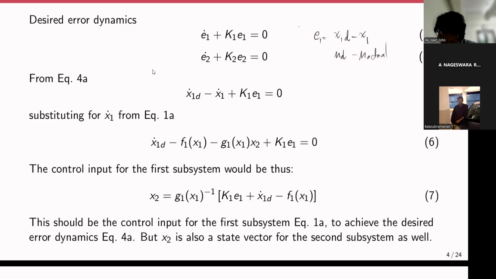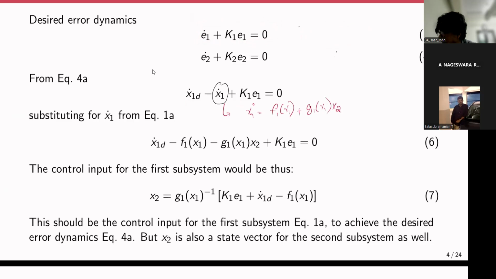And if I substitute this in place of E1 in the error dynamics equation, it would become something like this: x1 desired dot minus x1 dot plus k1 E1 would be 0, right? So now in place of this x1 dot, I'll be substituting the first equation. x1 dot is f1 of x1 plus g1 of x1 multiplied by x2.